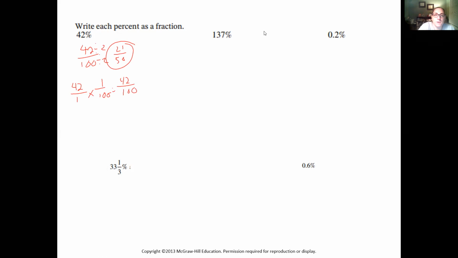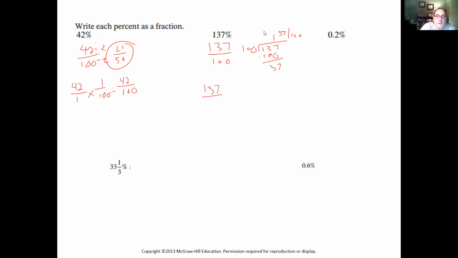Okay, here we have 137 over 100, and you're going to get 1 and 37 over 100. Or you can also do 137 over 1 times 1 over 100, and you get the same thing.